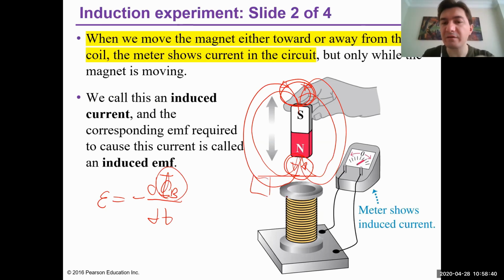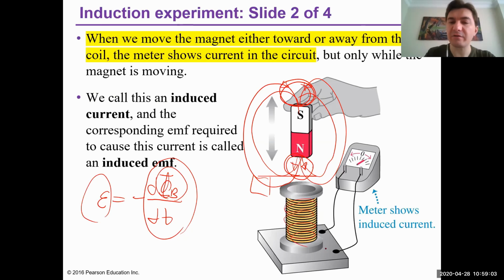So by using that information, you can understand the formation of EMF in that system. If you move it away from the coil, then the flux decreases. Then we have a change in the flux by time. Then we have EMF in the coil, and there is an induced current. Then we see a current here.